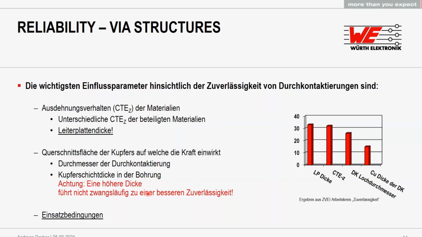The copper in the hole is very reliable, but the forces will move to other parts and will break the chain of reliability at the next step. For example, the inner layers will fail. So keep this in mind, but typically with this optimum value around 25 microns, you are pretty safe.